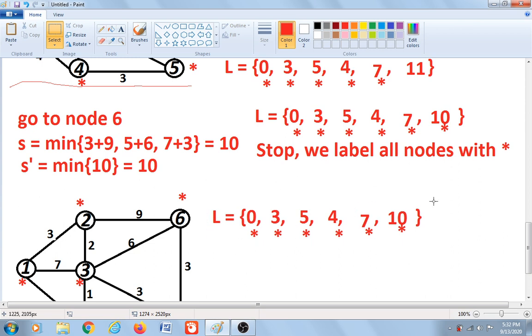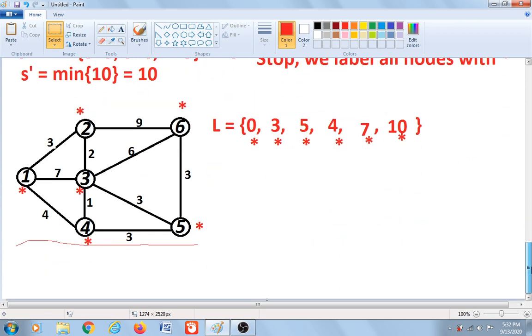So from here we know that the shortest distance is 10, but we need to determine the path or the route.